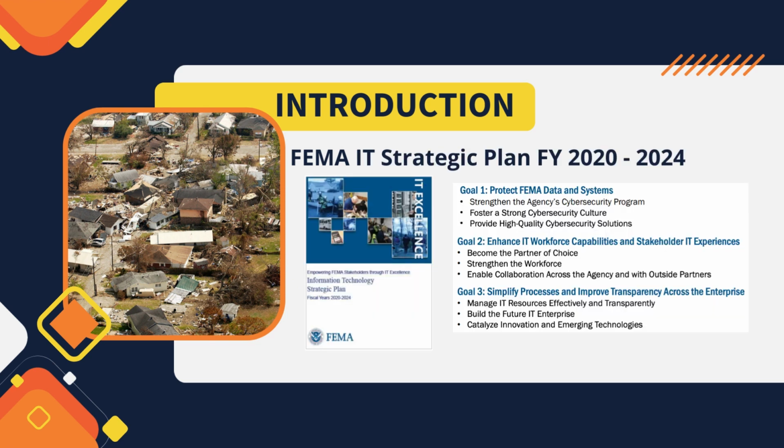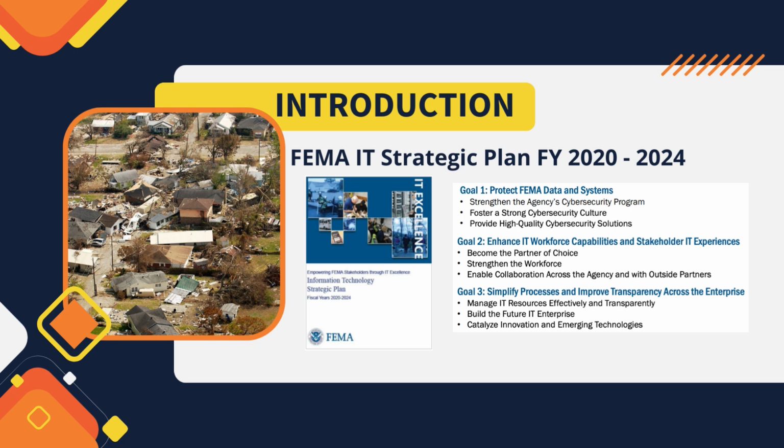The 3 goals include protect FEMA data and systems, enhance IT workforce capabilities and stakeholder IT experiences, and simplify processes and improve transparency across the entire enterprise. The 9 strategic objectives of the plan are also listed here in the snippet I provided as well.